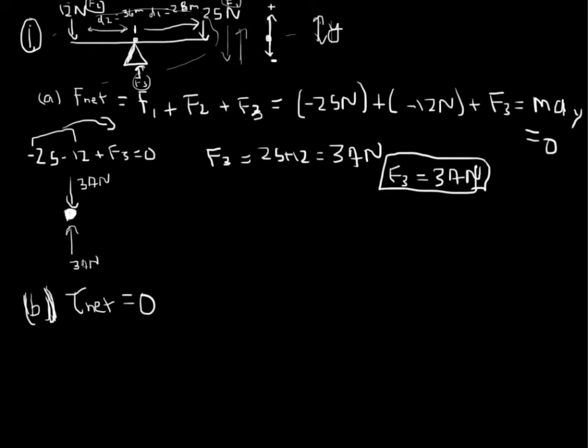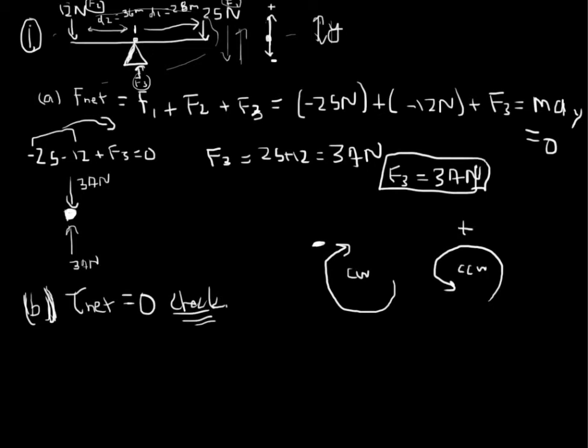But if it doesn't say that, then you have to check to see if this is the case. Okay, so this is how we check. We'll say clockwise is negative, and counterclockwise is positive. It doesn't matter which one you choose.